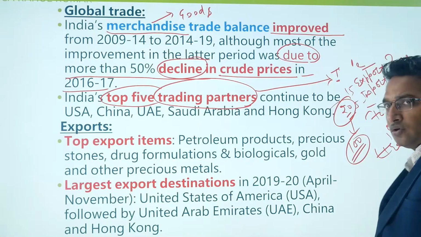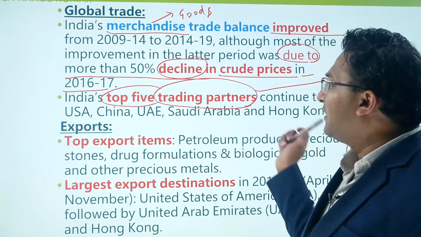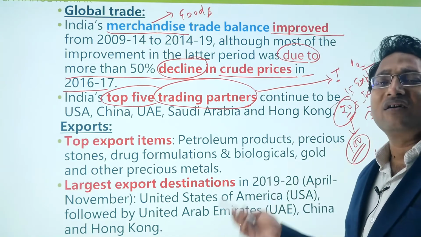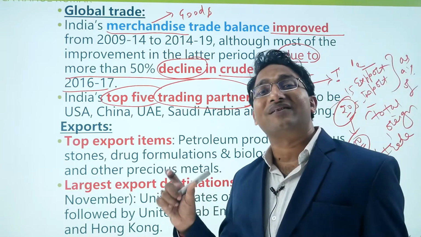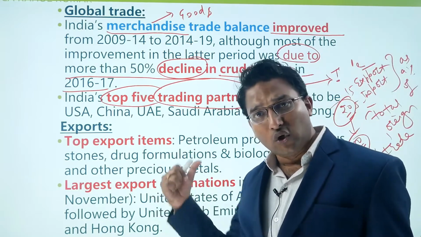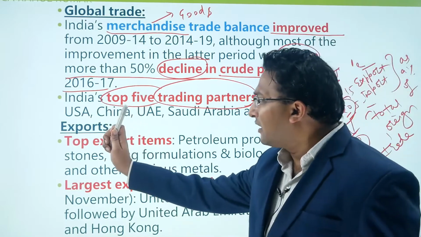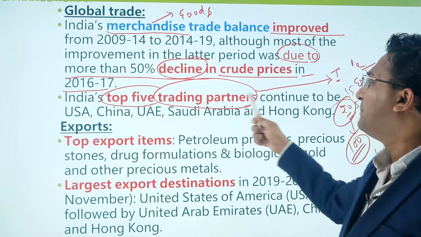This is the trade percentage, trade share basically, right? Similarly, we will see the top 5 out of the total countries in the world, and in India we have identified India's top 5 trading partners.